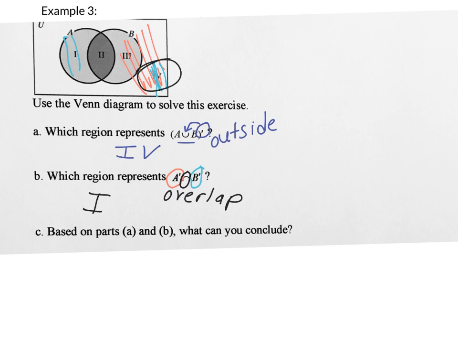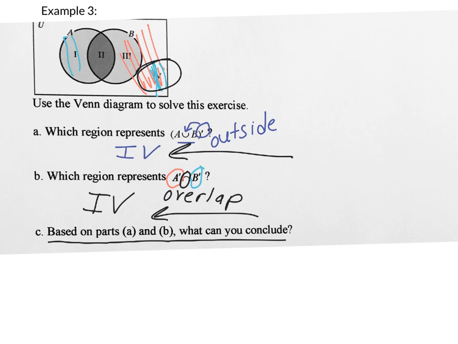So they have region 4 in common between those two complements. And now part C says, based on parts A and B, what can you conclude? Because we got the same exact regions, no more, no less, we can say that these two items are equal to each other.